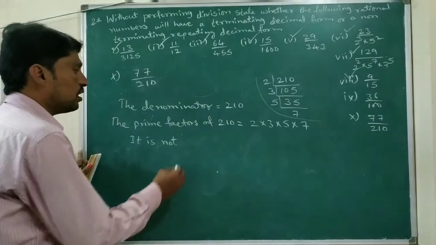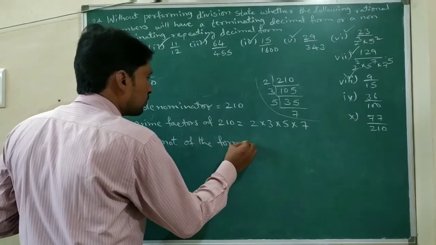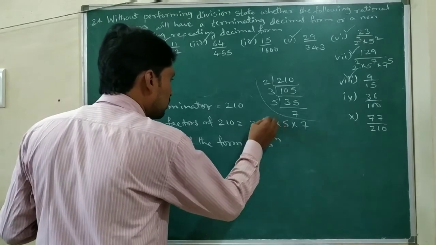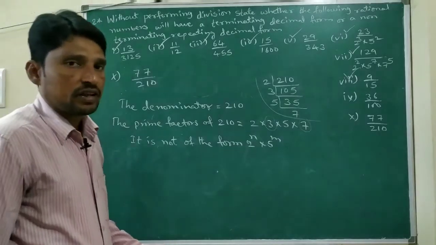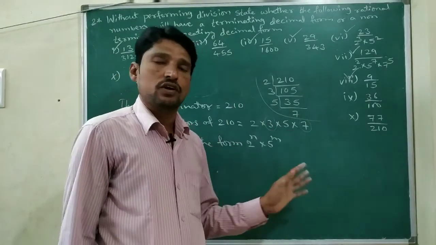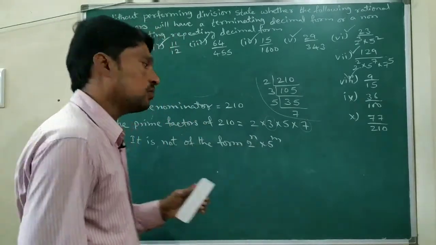So it is not of the form 2 power n into 5 power n. Here we got 3 and 7 extra. 2 and 5 alone means it is terminating, but here we got 2, 3, 5, 7. So it is not of the form 2 power n into 5 power n.